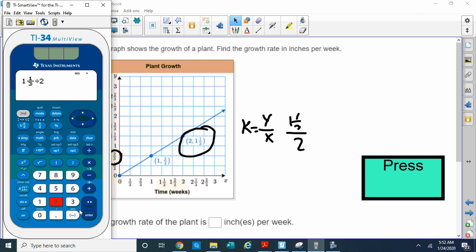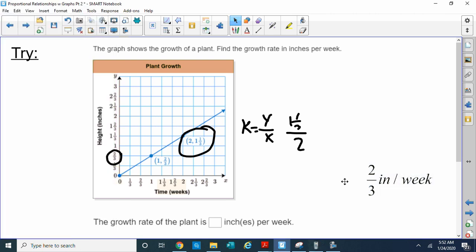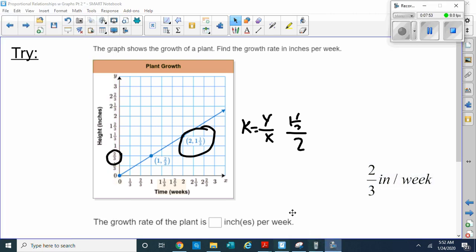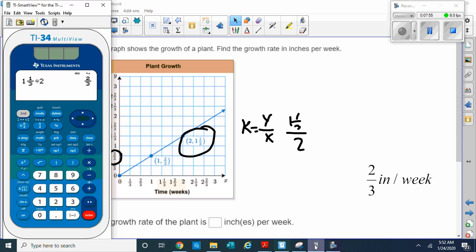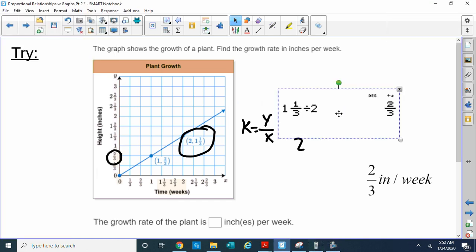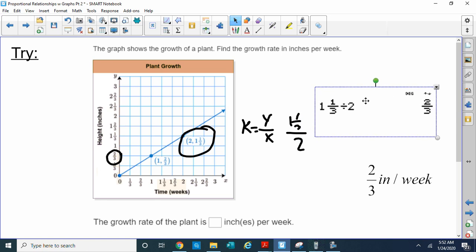And I should get 2/3 because that's the constant of proportionality. And there it is, 2/3, like we said. So 2/3. And let me bring that out, by the way, so I can show you guys what I typed in. So I got my 2/3 right there.